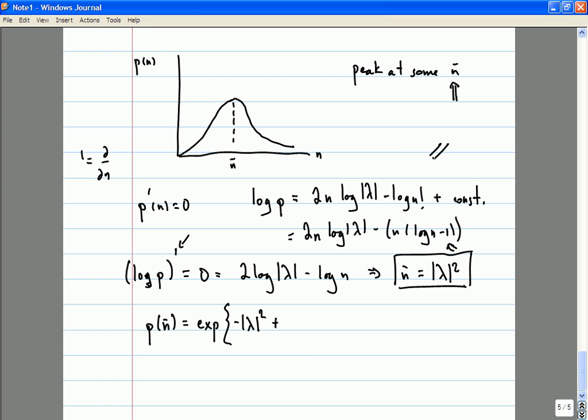So that gives us n bar times log lambda squared minus the log of n factorial, which is minus n bar times log n bar minus 1. Okay, let's see if I've done this correctly. If I've done this correctly, because n bar is lambda squared, this term will cancel this term.